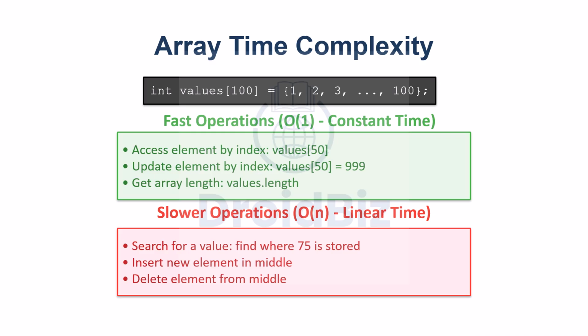Inserting a new element in the middle of an array is also slow because we need to move all the elements after that position to make space. Similarly, deleting an element from the middle is slow because we need to move all the remaining elements to fill the gap. When developing applications in any programming language, choosing the right operations can make your programs much faster and more responsive for your users.